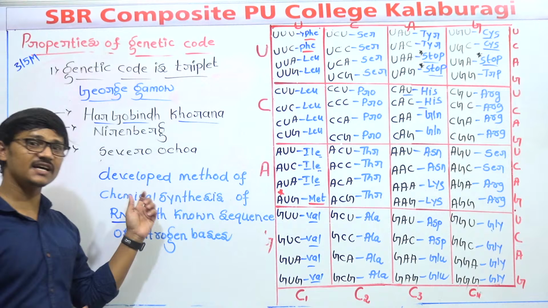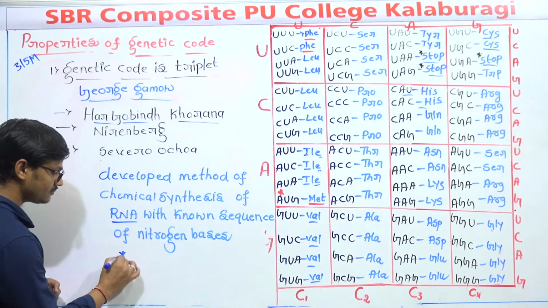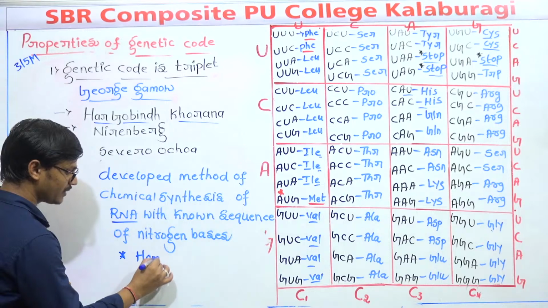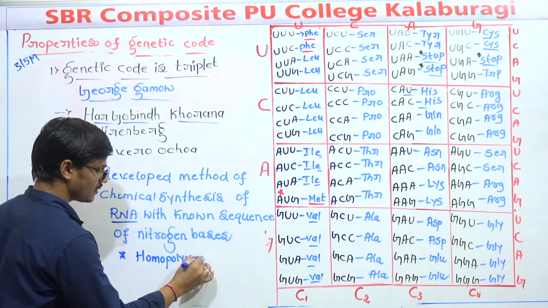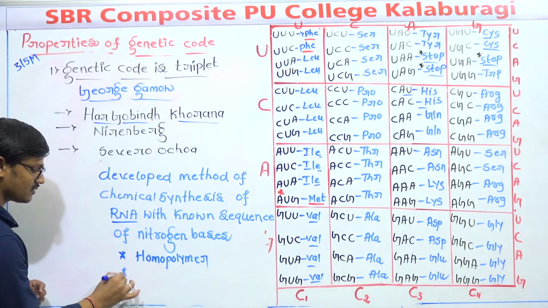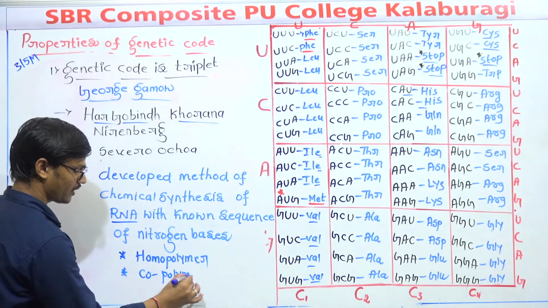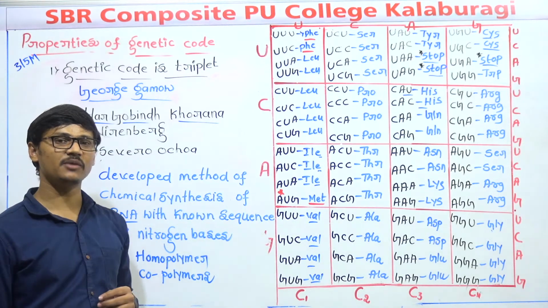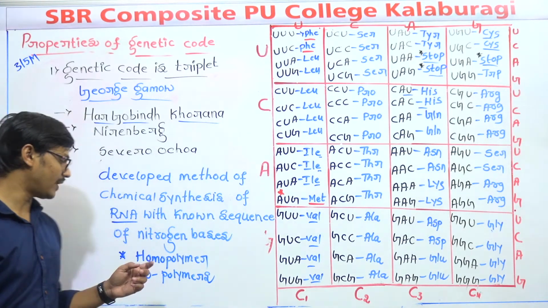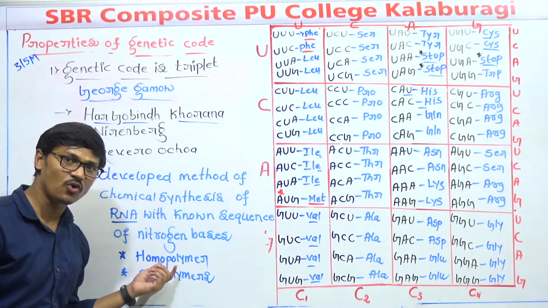And he synthesized RNA of 2 types. One is called homopolymer, and another one is called copolymer. What is the meaning of homopolymer?